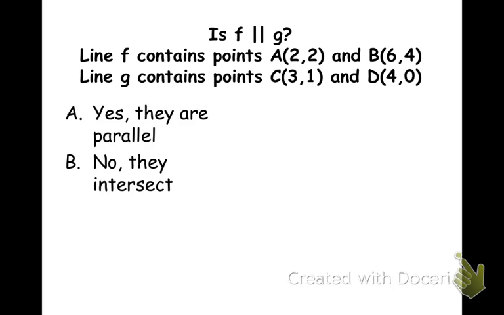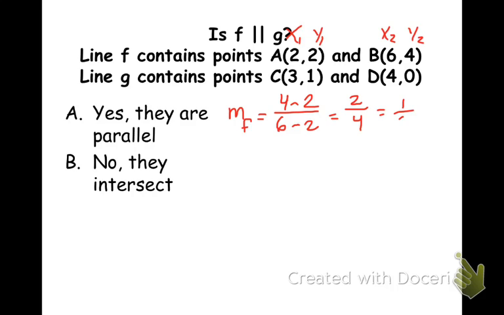Well, if F contains the points A and B, we'll call A x1 and y1, B we'll call x2 and y2, so I'll say the slope of F, which I'll call m sub F, is our y2 minus our y1 over x2 minus x1. That gets us 2 over 4, or a slope of 1/2.